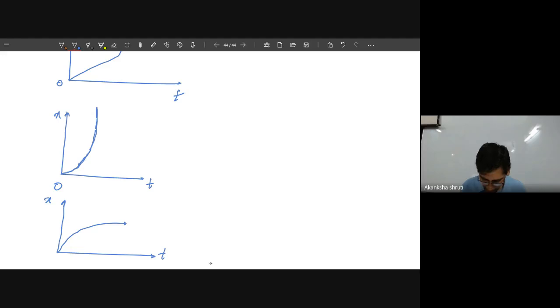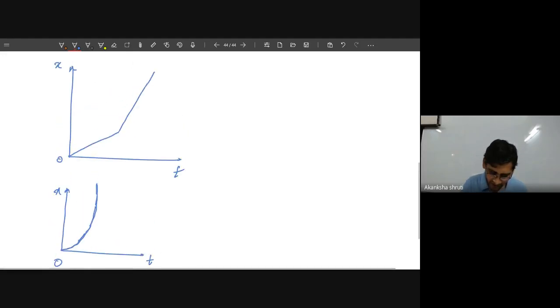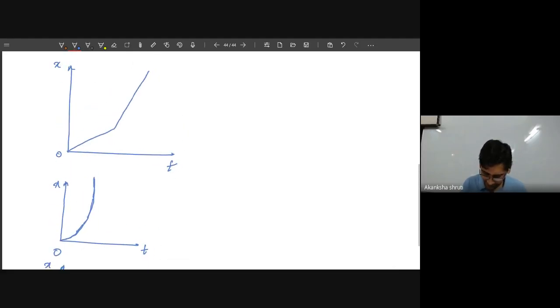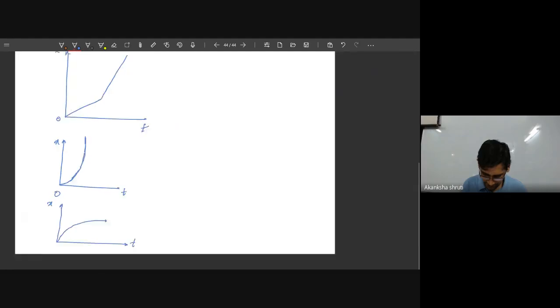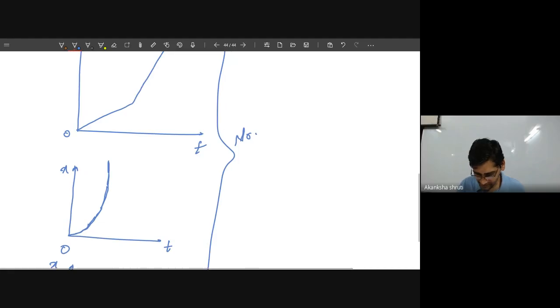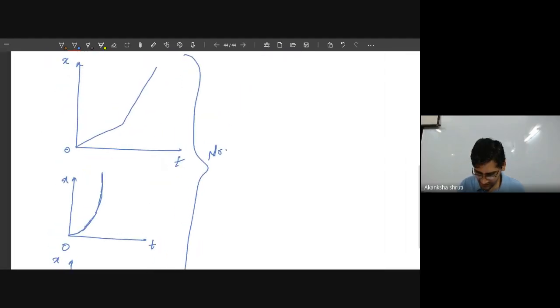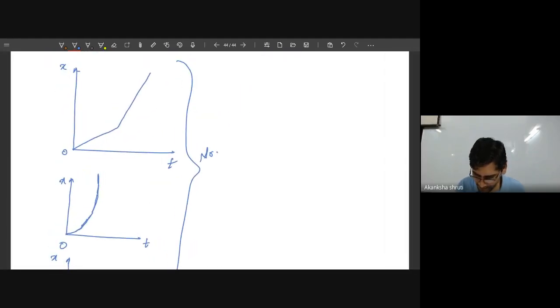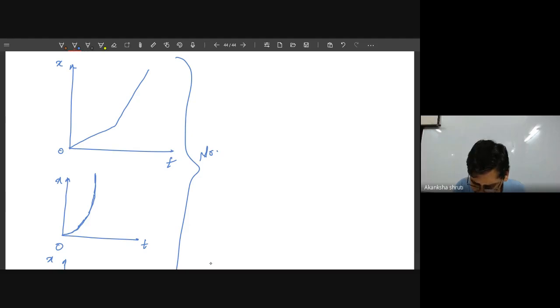So in this case, all these are for the non-uniform motion. But we are observing the speed varies.